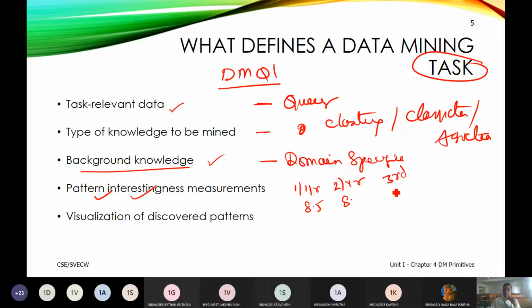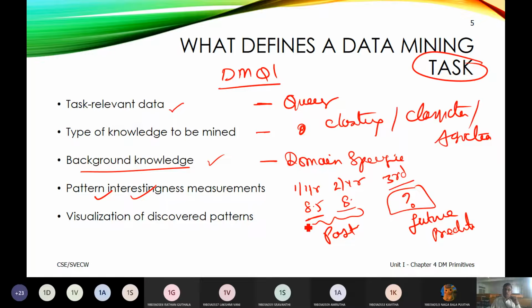Now what will be my percentage for the third year? I have the past data here, and now I am going to make a future prediction. If the same trend continues, maybe it will be around 8.25 CGPA. In this way, some type of pattern we are going to identify.